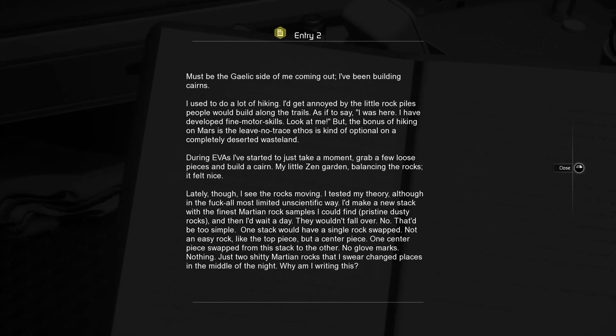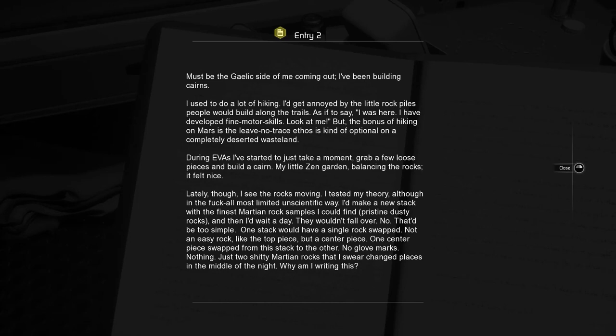But the bonus of hiking on Mars is the leave no trace ethos is kind of optional on a completely deserted wasteland. During EVAs, I started to just take a moment, grab a few loose pieces and build a cairn, my little zen garden balancing the rocks. It felt nice. Lately though, I see the rocks moving.